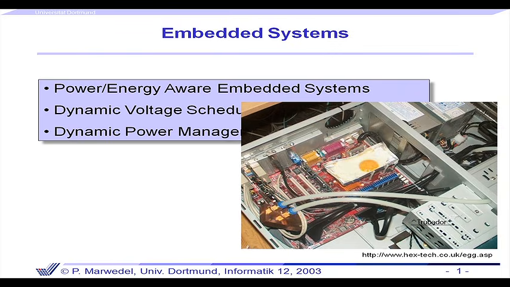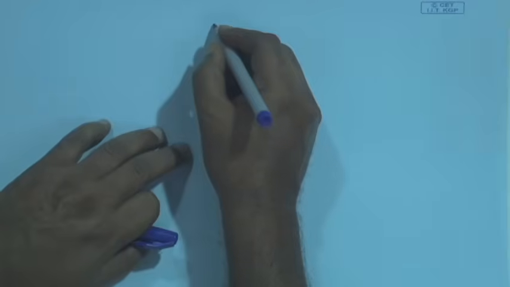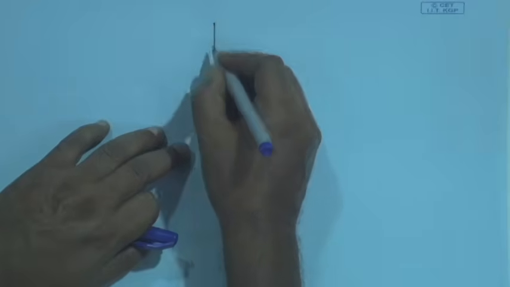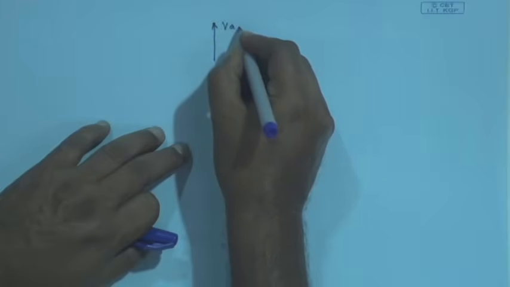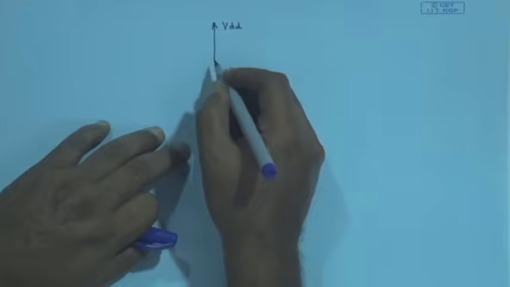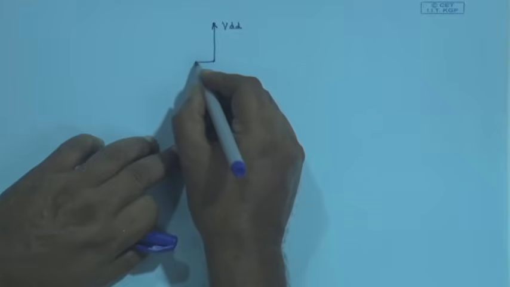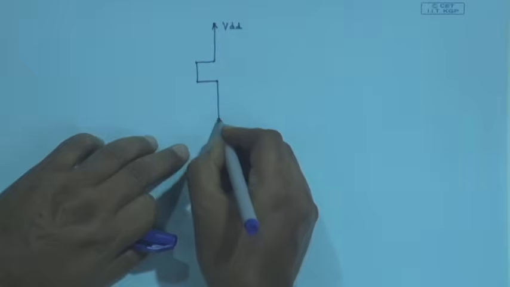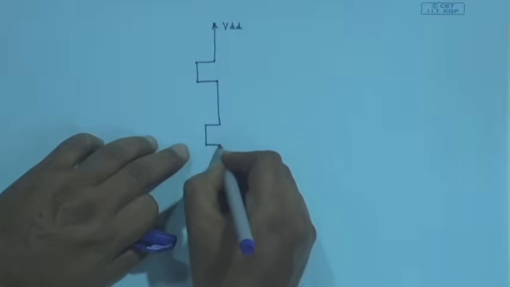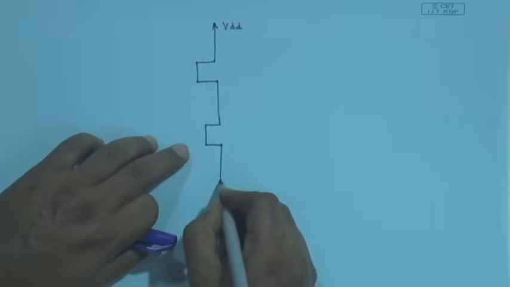So, next let us come to the fundamentals of power consumption of a gate. Where from does it come? So, let us have a little look at the circuitry without going into the intricacies. We have got a supply voltage and we have a couple of transistors.